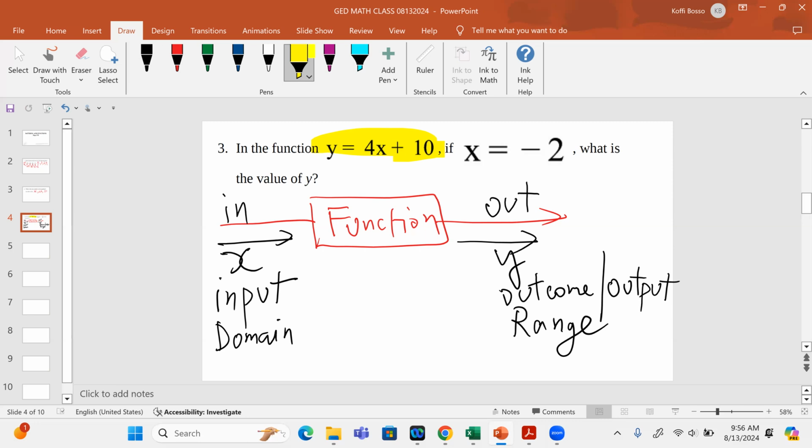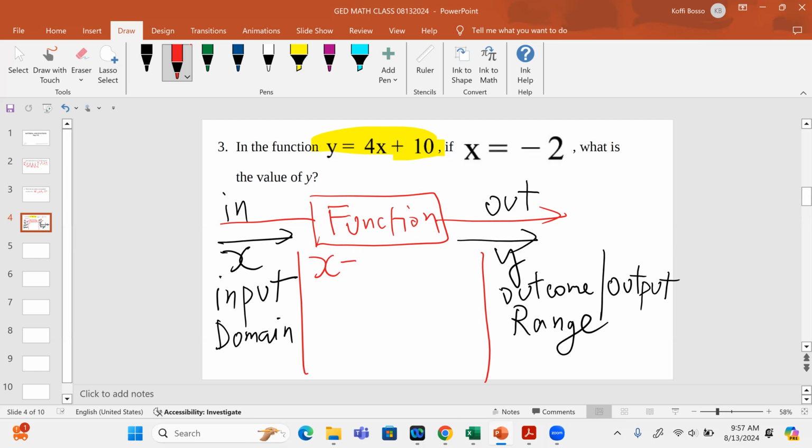The function here is 4x plus 10, but the result you get from the input when you plug in is the y. So here they say, what is the value of y? They want to find the result when x is -2. So the input here is -2, and we want to find the y.